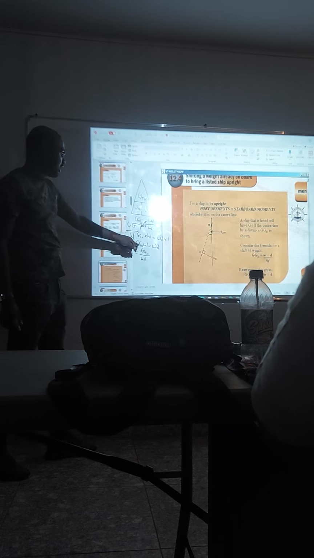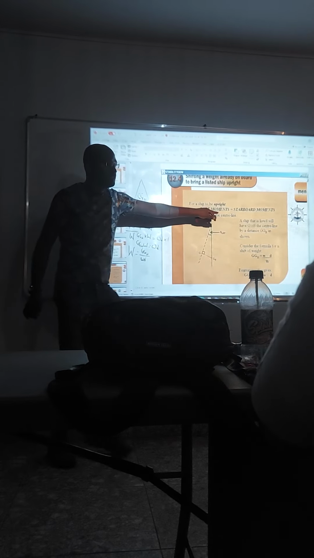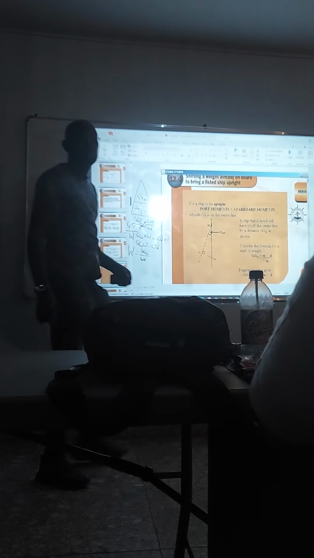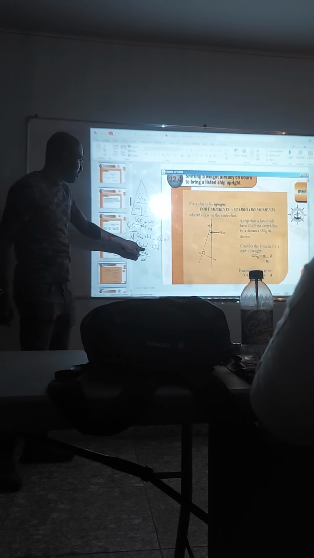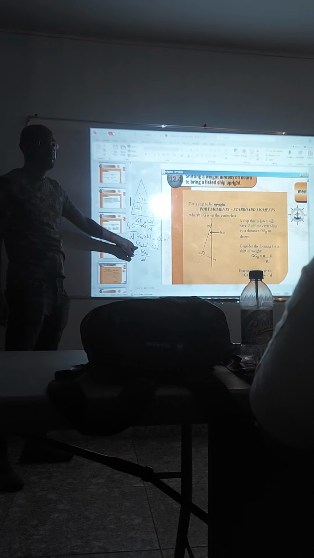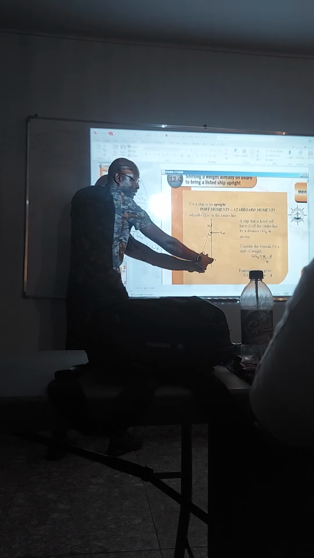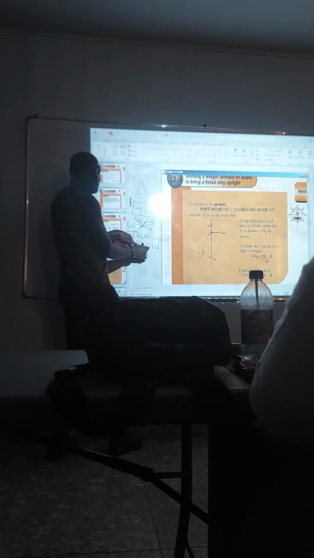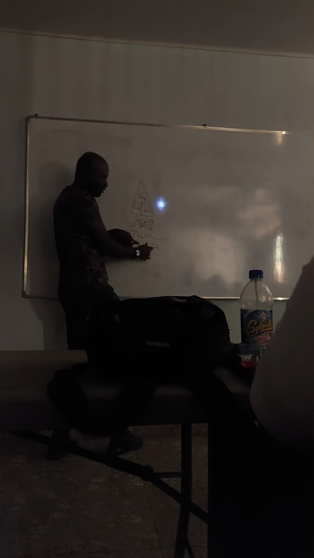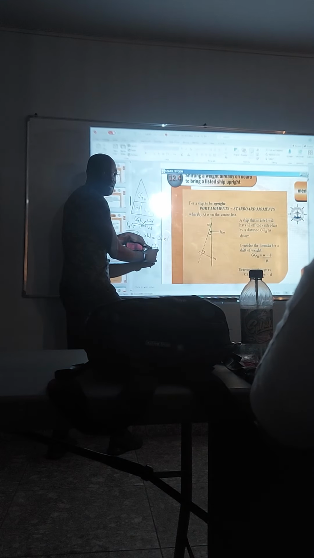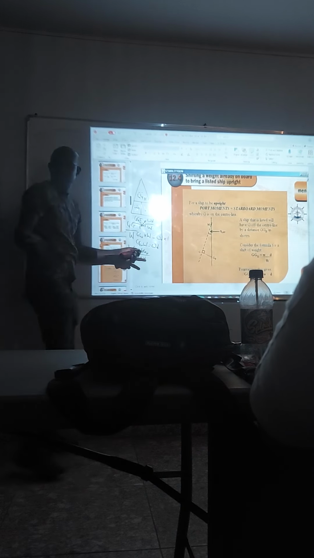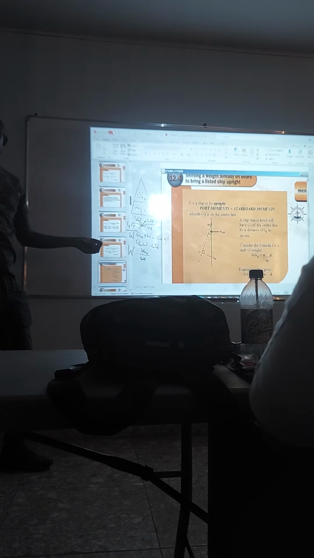And this is how you get port moments equal to starboard moments, because this here is a moment and this here is a moment. We know that GG1 is a distance, big W is some displacement, small w is some weight, and d is some distance. So it balances out, right?